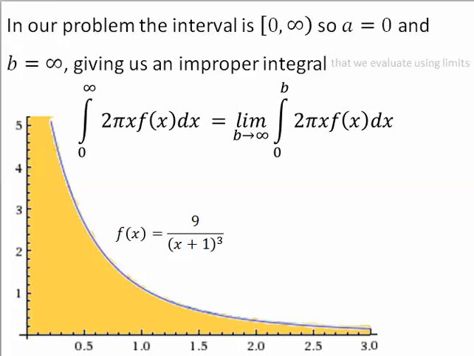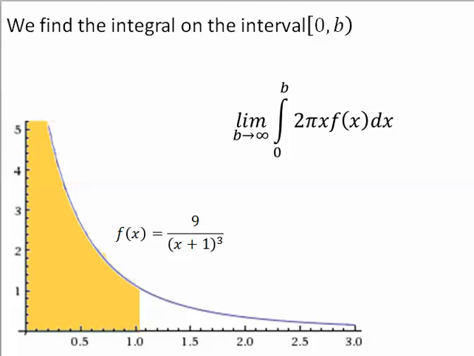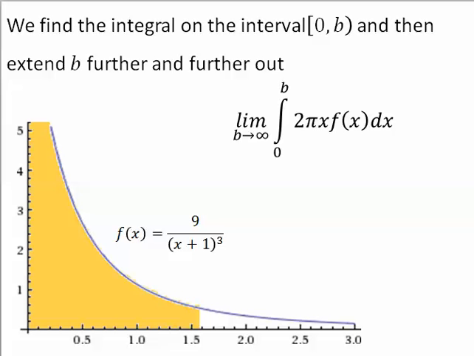And I'd like to just briefly talk about the limit process. With the limit process, what we're doing is we focus on the integral from 0 to b, where b is to the right of 0. And then we extend b further and further out towards infinity. All right, let's do a quick recap.